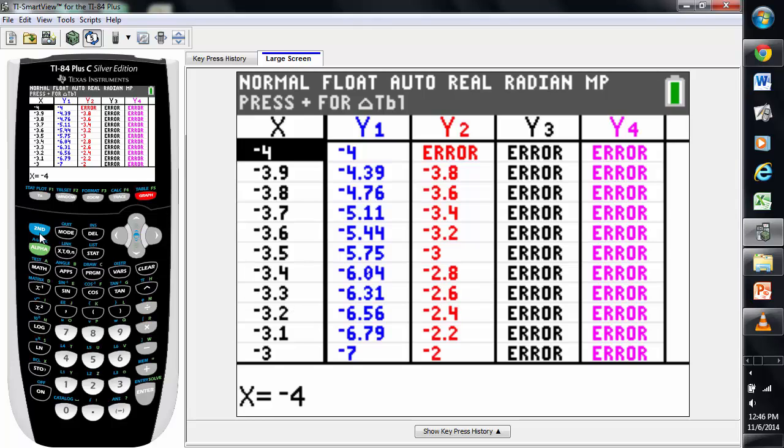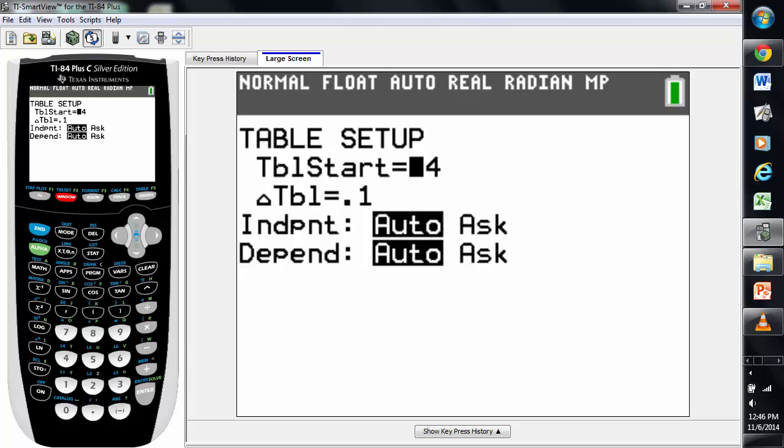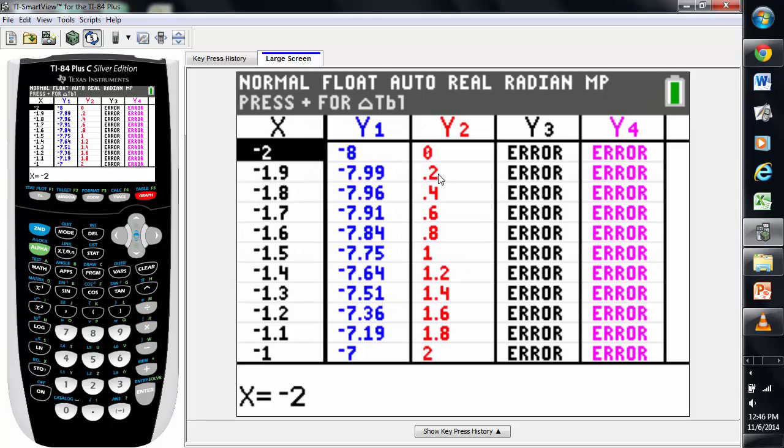And from negative 2 to 0, the absolute value is increasing, and therefore it is speeding up.